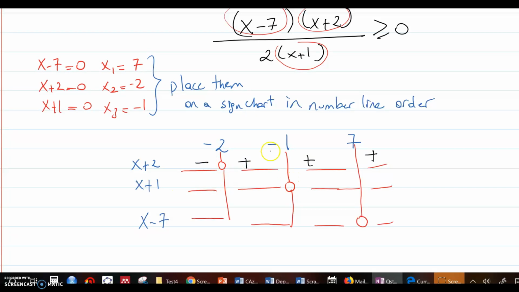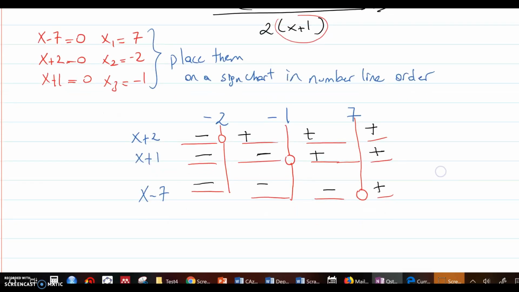The same thing for negative 1, which is a root for x plus 1. The right hand side of negative 1 will be the same as the leading coefficient sign, which is positive. Because it is positive, the other side will be negative. It will continue as negative, then continues positive. Same thing for here.